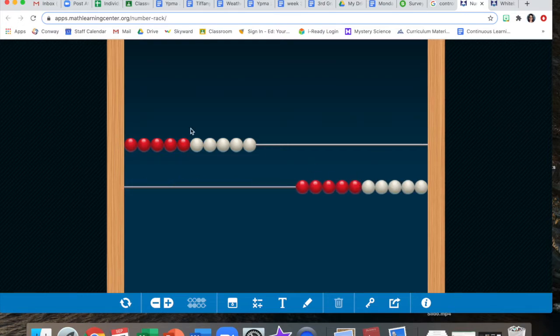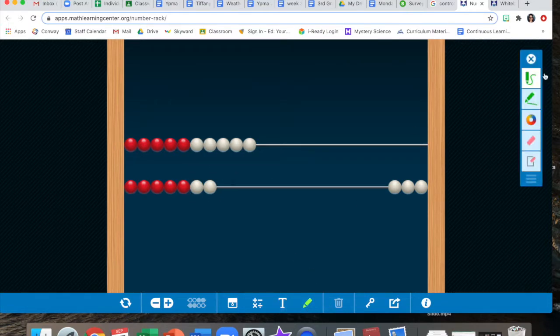Let's do another. How about 10 plus 7? 10 and 7. Hey, come back here. There we go. It's 17. 10 and 7 more. The cool thing about the number rack is you can actually see the 17 in a couple different ways.